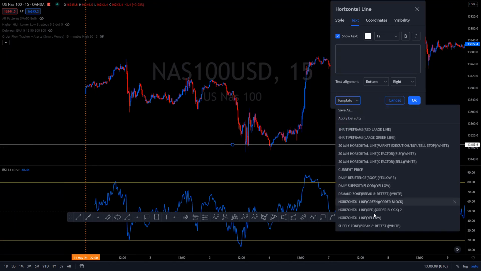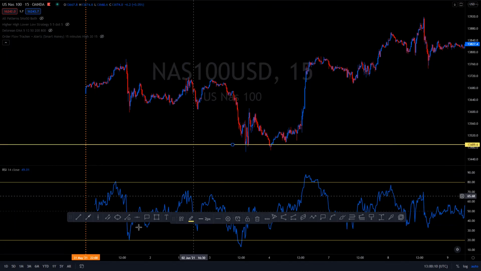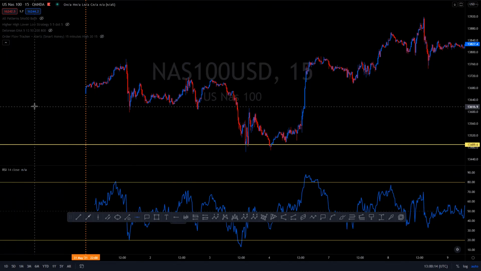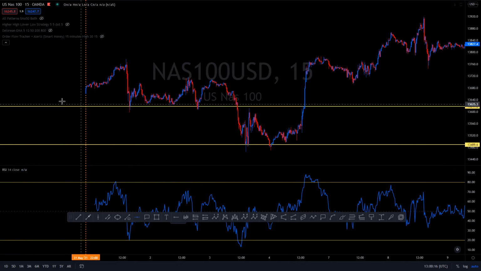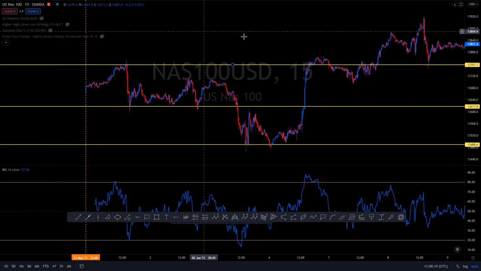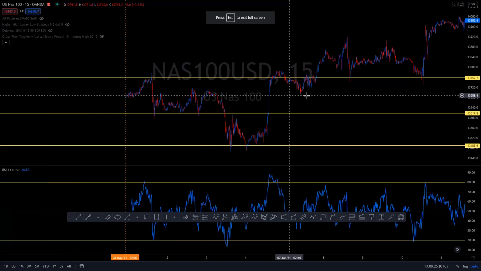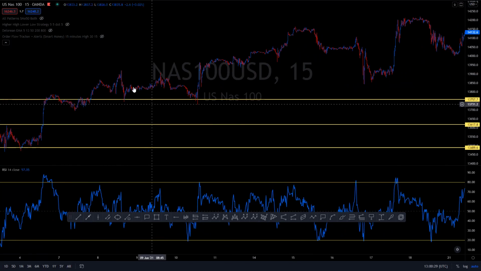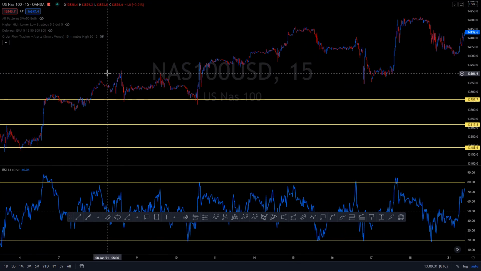Change this to yellow. Put this in here.